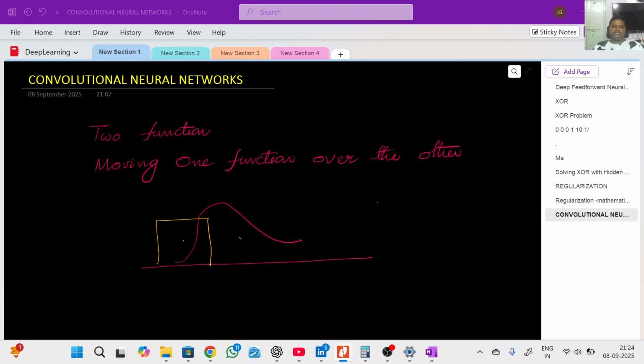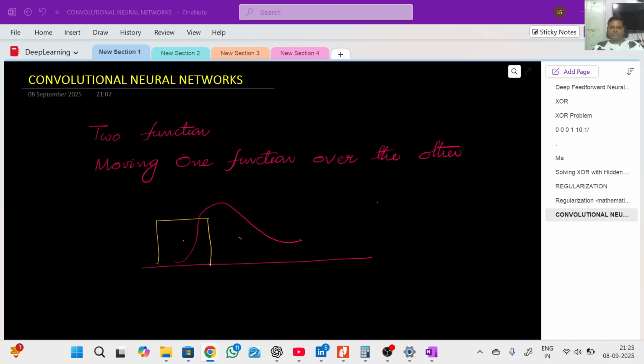In two-dimensional data, especially when we talk about images, we take an input image and place a kernel over that image. Let me show you a demo here. This is my input image, and in that I am placing a filter of 3 by 3.